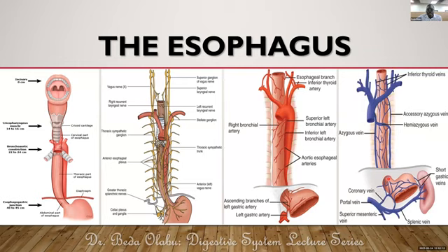when there is something called portal hypertension, when the pressure of blood within the liver is high. So blood cannot move freely from the liver to the inferior vena cava. That blood will have to find an alternative route, and one of the alternative routes will be in the lower esophagus.